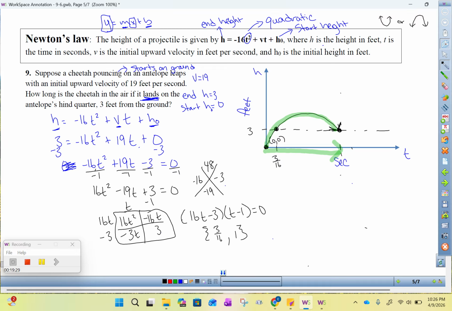And that actually is the second answer, not the first one. So the cheetah was in the air for 1 second.